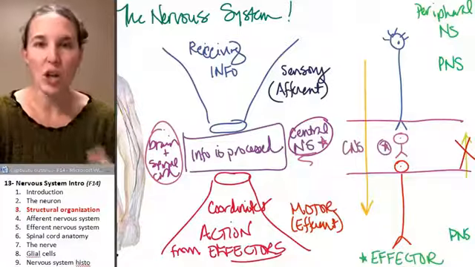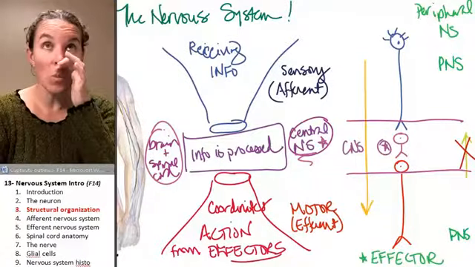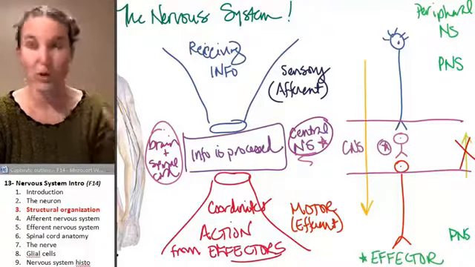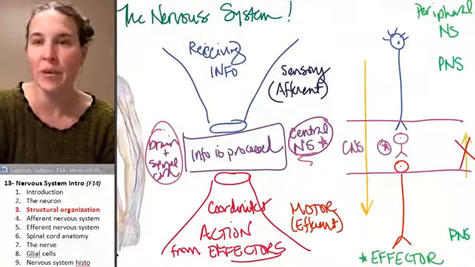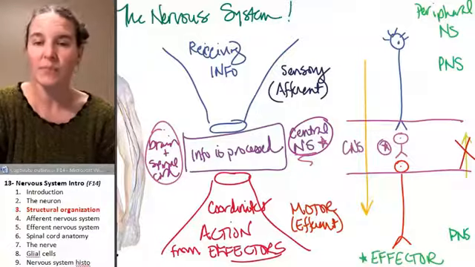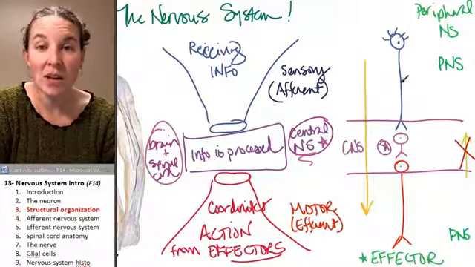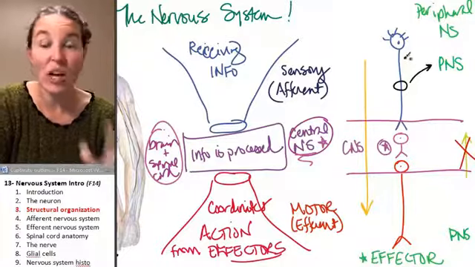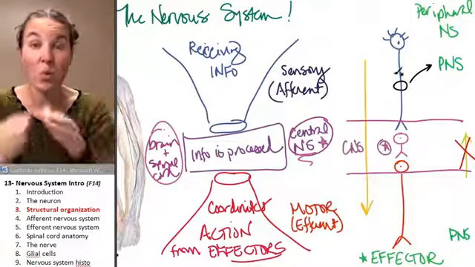We have some terms that hopefully will trigger some prior knowledge that you already have. First of all, a bundle of axons in the peripheral nervous system. So not just one axon. This is one neuron with one axon.